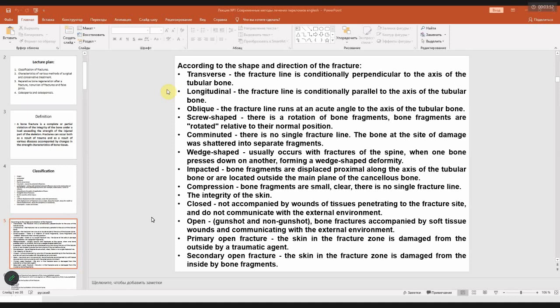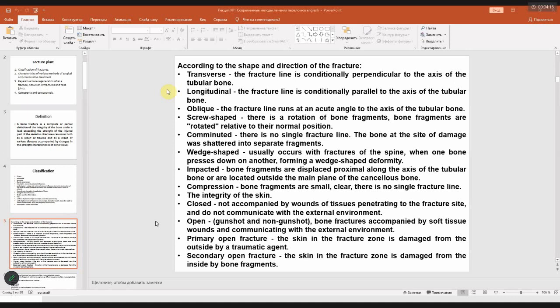Oblique, the fracture line runs at an acute angle to the axis. Screw-shaped, there is a rotation of bone fragments relative to the normal position.